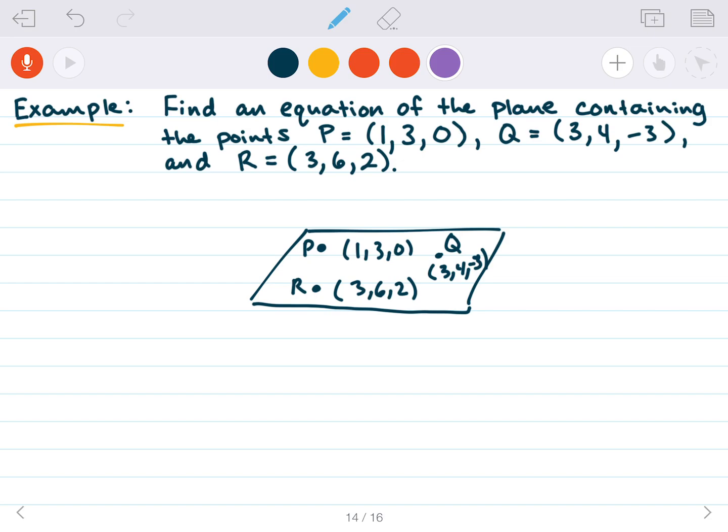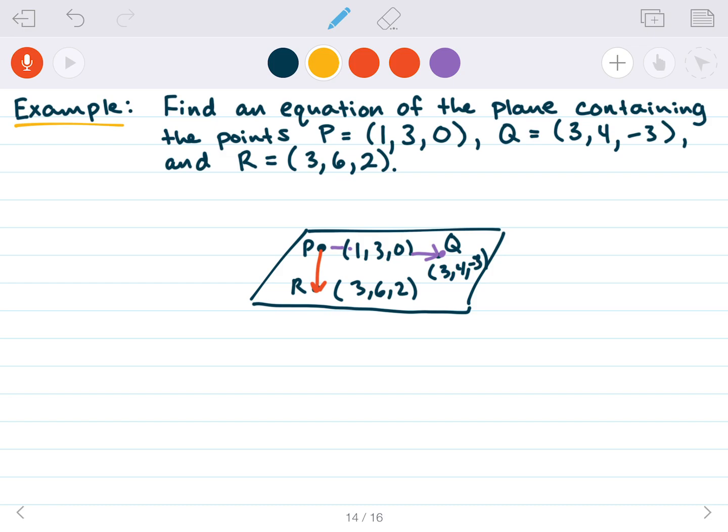I'm going to look at the displacement vector PQ, so P to Q. And then I'm also going to look at PR. So this is another displacement vector starting at P, ending at R. Once I figure out what those vectors are, I'm going to find the cross product of those vectors.